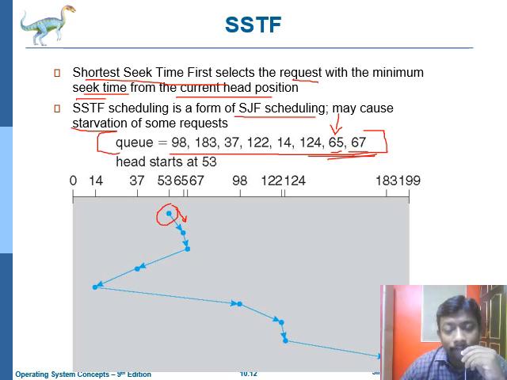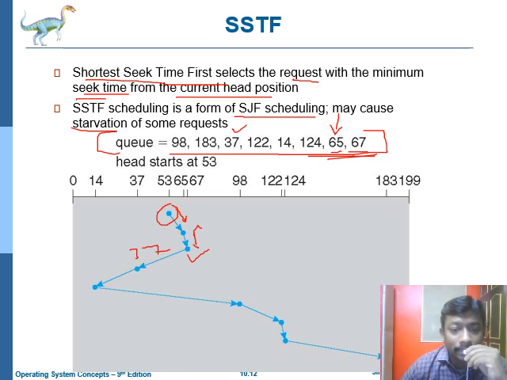After 65, this is the next highest sector, 67. After 67 it has to reach 37. For this, 37 is the minimum seek time.